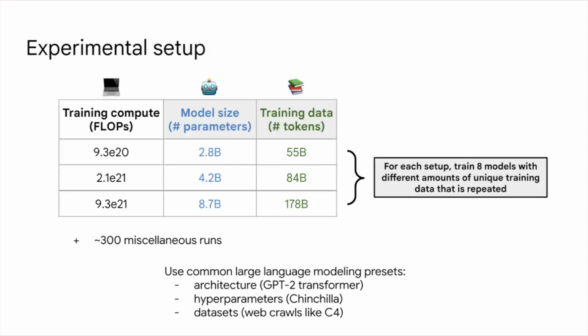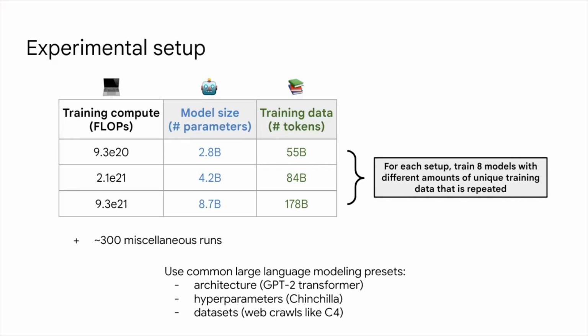In order to answer this question, we have three different setups, three different core configurations that are quite large, because we have to go to those larger scales, because that's the only region where it matters. If we train smaller models, or in other areas of machine learning more generally, it's very common to repeat data. However, in order to answer this question, we're looking specifically at large language models.